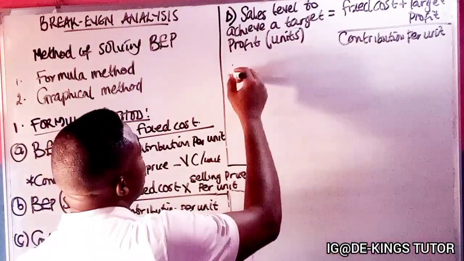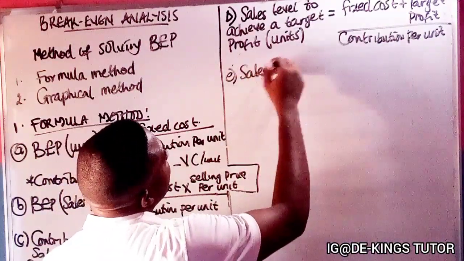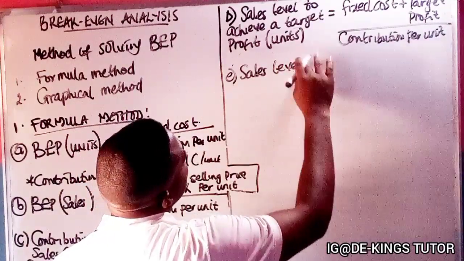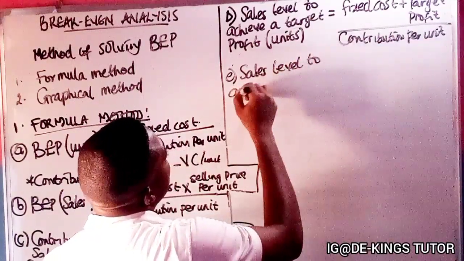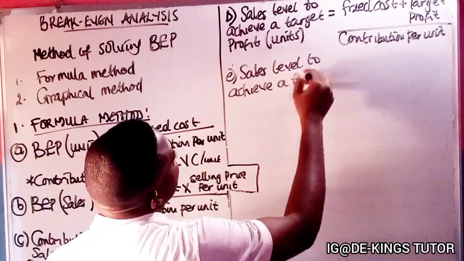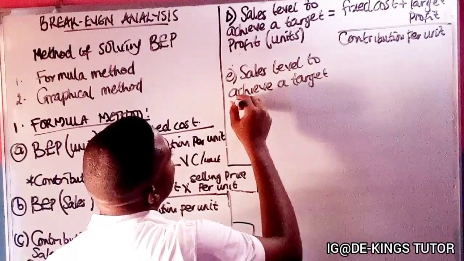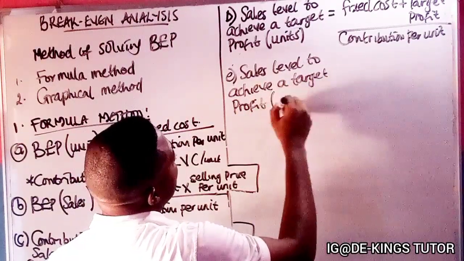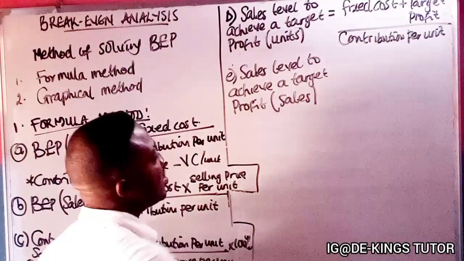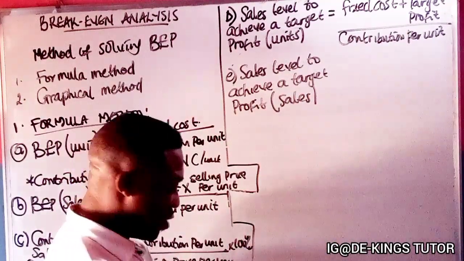Now the next one will be sales level to achieve a target profit, but this will be in sales value, not in units.